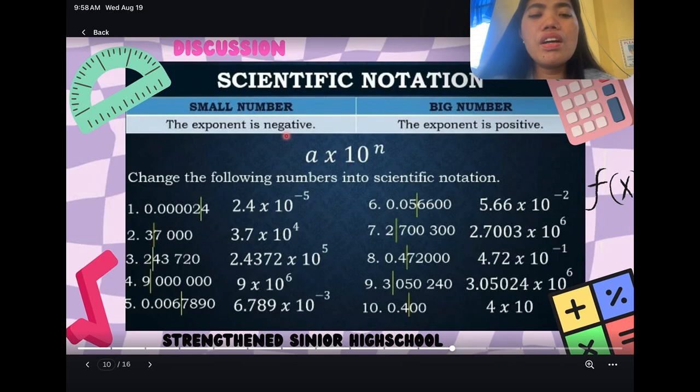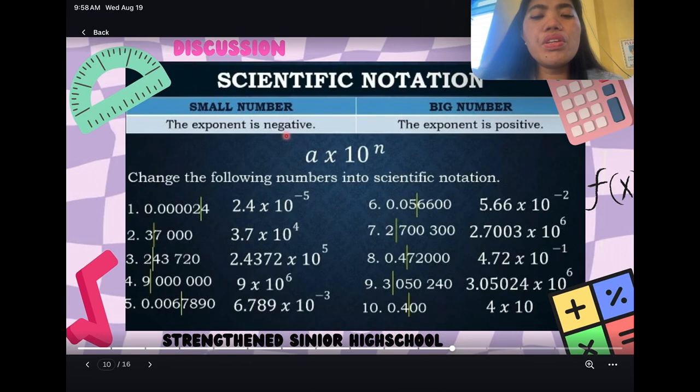Number 1, 0.00024. We are going to express that in scientific notation. Remember that A must be greater than or equal to 1 but less than 10. So we count from the decimal point and end at 2. You'll have 2.4 times 10 raised to the power of negative 5. Then for number 2, 37,000 becomes 3.7 times 10 raised to the power of 4.